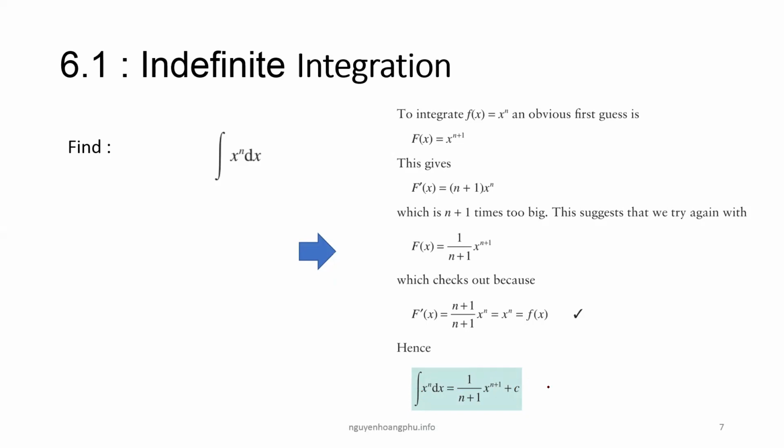If you have a, a constant, times x^n dx, it could be a multiplied by 1 over n+1 multiplied by x^(n+1) plus c. Okay, so that is the second equation you need to remember.